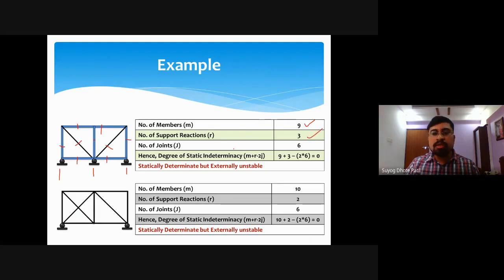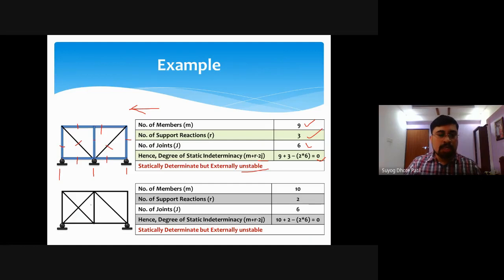The number of joints is 6. Applying the equation m plus r minus 2j, we get 0. So it is statically determinate, but externally unstable. With three roller supports, if I apply a horizontal force on this truss, it is free to move in the horizontal direction. That's why it is statically determinate, but externally unstable.